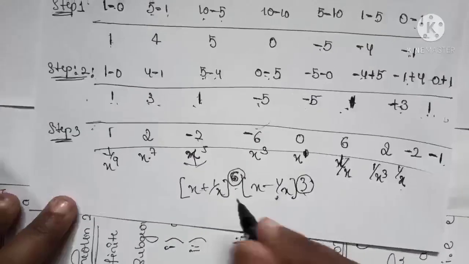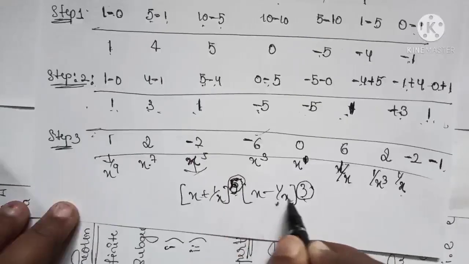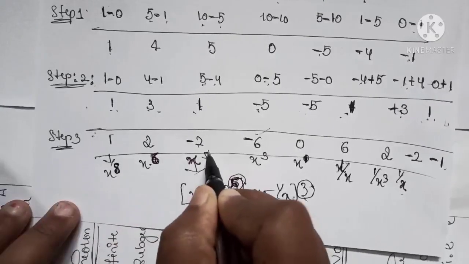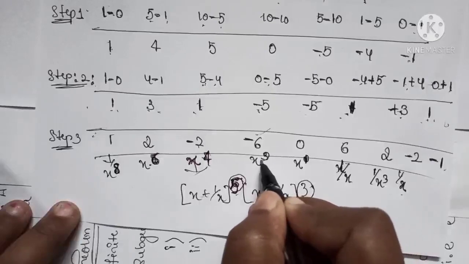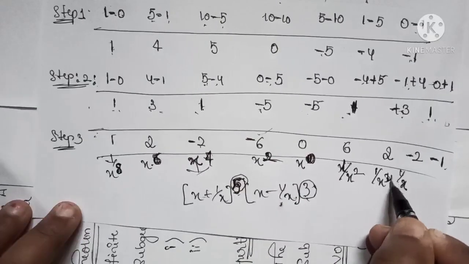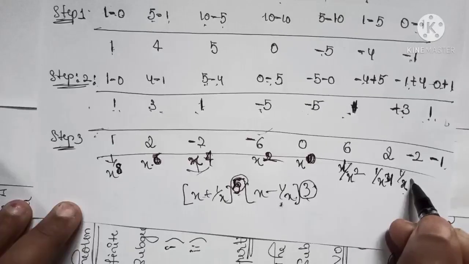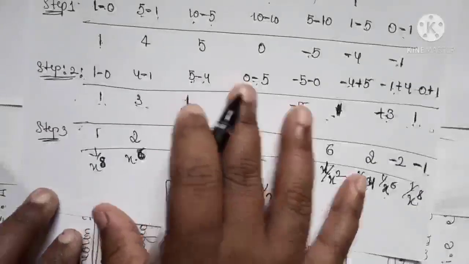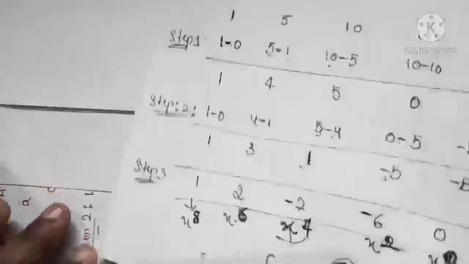Sorry, here it is x power 5. 5 plus 3 equals 8. Start with 8: x power 8, 6, 4, 2, x power 0, then 1 by x square, 1 by x power 4, 1 by x power 6, and 1 by x power 8.